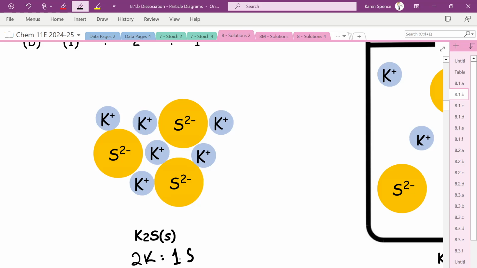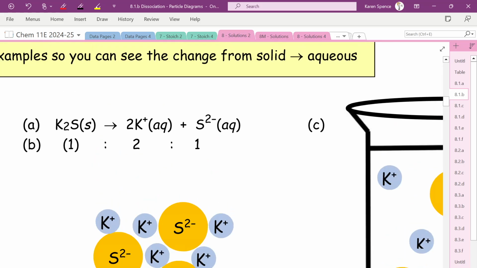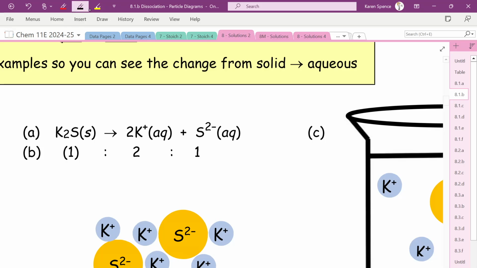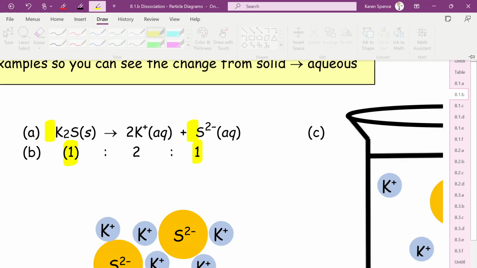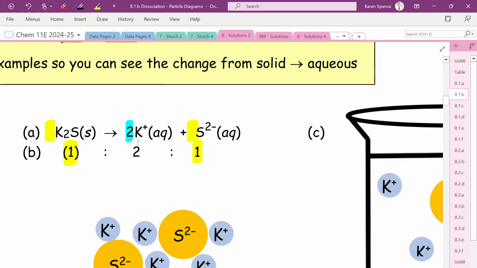And so when it dissociates, it will also dissociate in a 2 to 1 fashion. So when we write our dissociation equation, we have a 1 here. We have a 1 for the sulfur, but for the K, we have a 2.